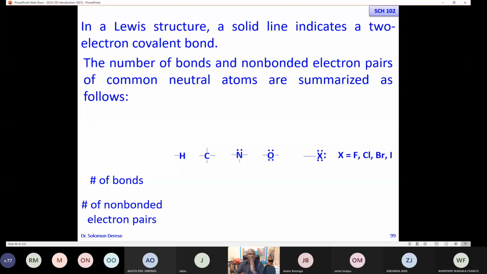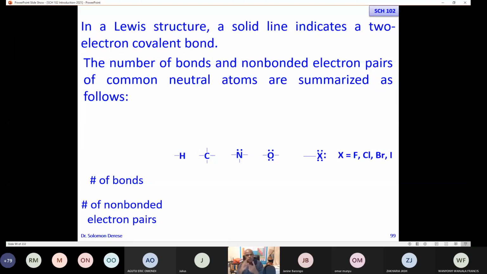Then if you look at nitrogen, nitrogen is in group 5 of the periodic table. It has 5 valence electrons. So when nitrogen forms bonds with other elements, it will form 3 bonds because it only needs an additional 3 electrons, together with the 5 valence electrons it has, to have 8 electrons. So nitrogen forms 3 bonds.